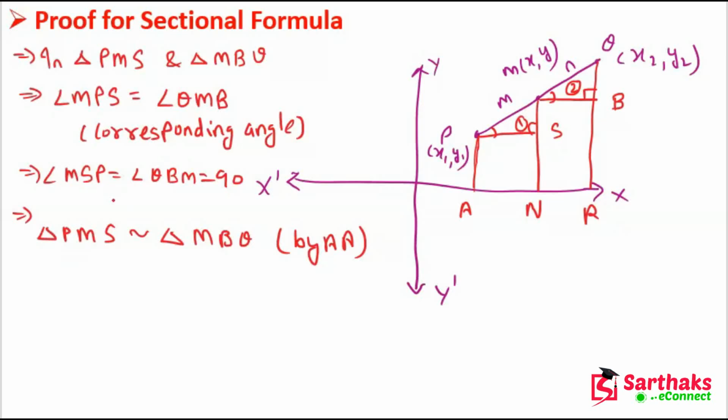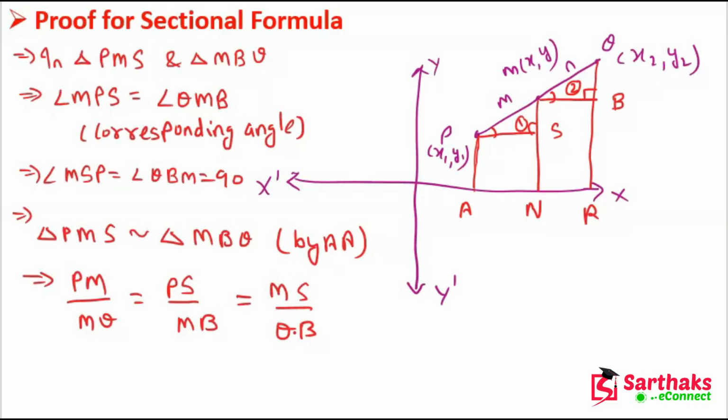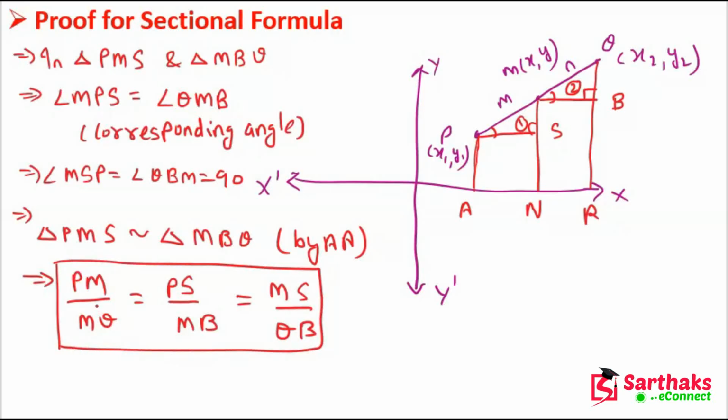Now from this we can write PM upon MQ is equal to PS upon MB, which is equal to MS upon QB. This is our basic proportionality theorem.